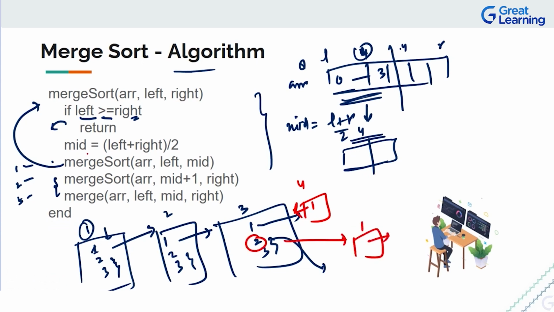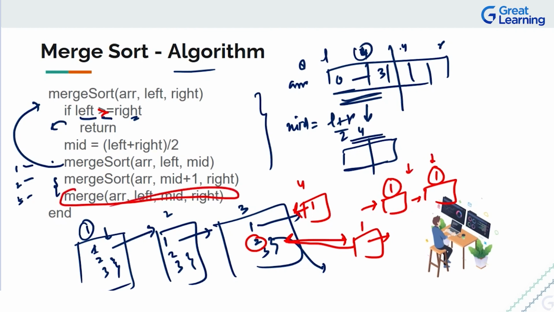And again, left will be greater than or equal to right. In this case, it will be equal to, and then we return. So we have these 2 elements, 1 and 1. That means not 1 and 1 element, but there is only a single element in both these arrays. Why I'm saying that in these 2 arrays, we will check when we talk about merge. We'll see how that is implemented.